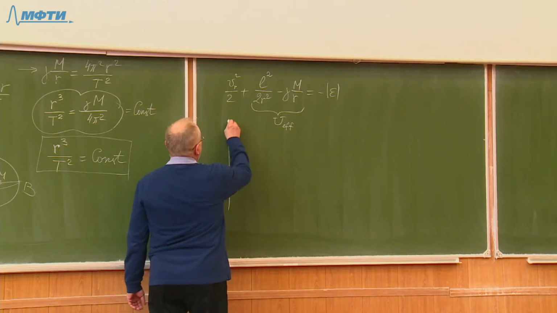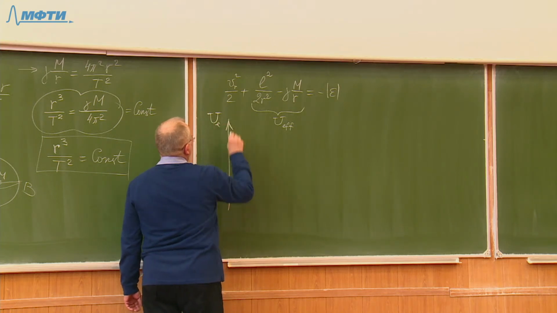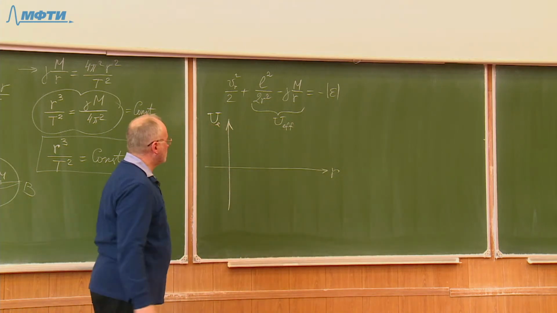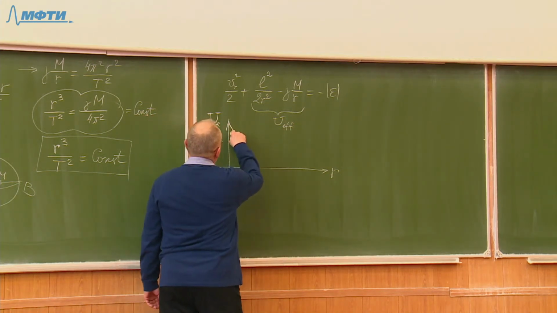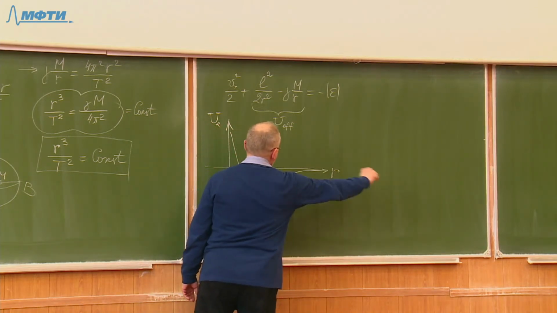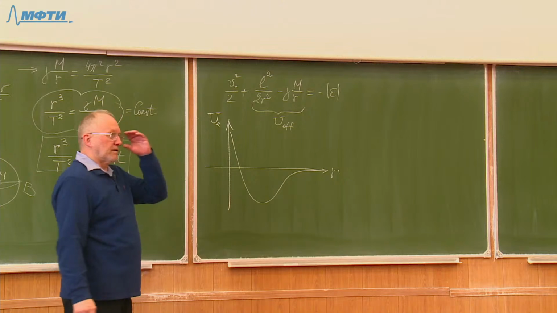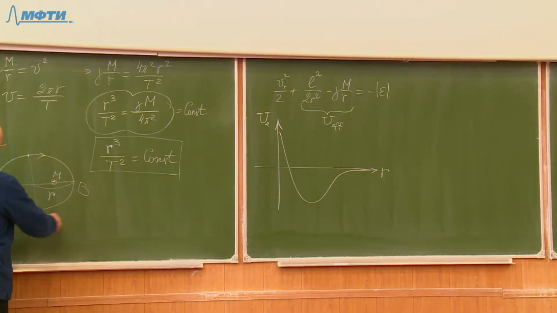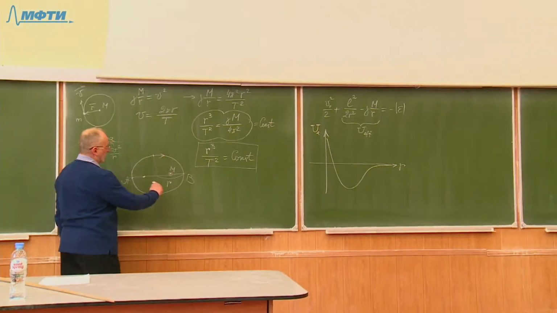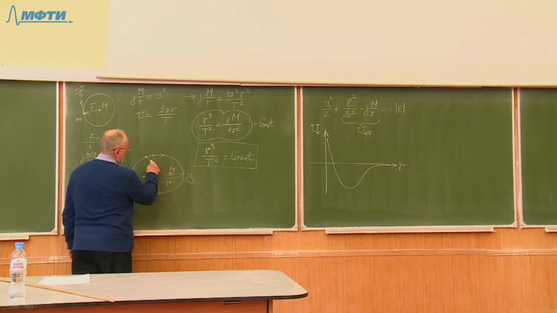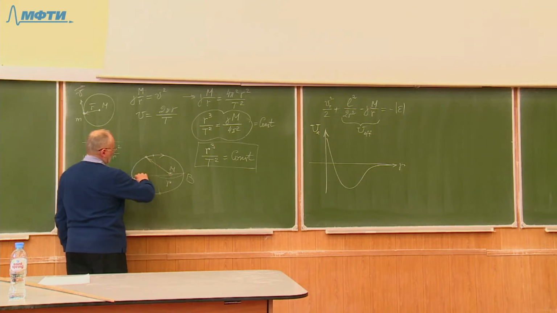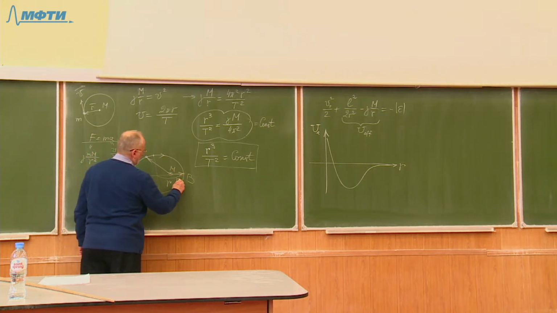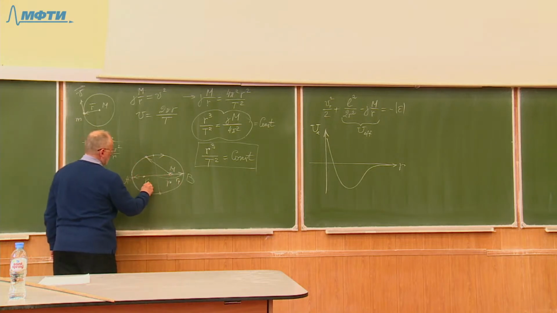And we have drawn the graph of the effective potential as a function of distance between the planet and the sun. And the curve was something like that. And we discussed that if the planet moves along an elliptic orbit, then the distance from the planet to the sun varies with time, and there is the smallest distance, r1, and the largest distance, r2.